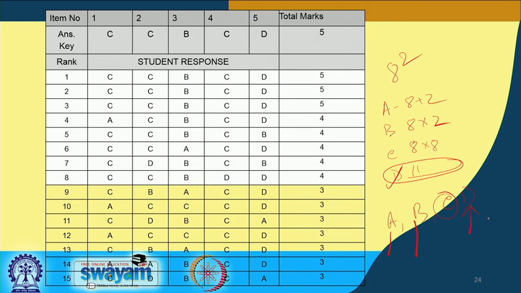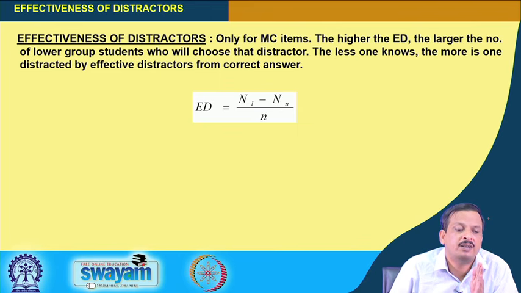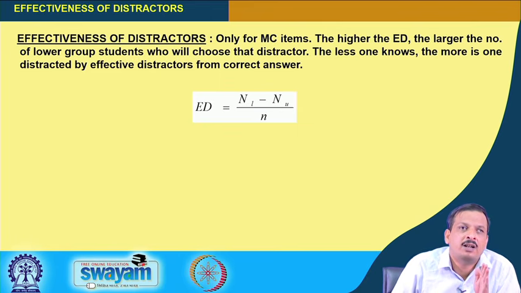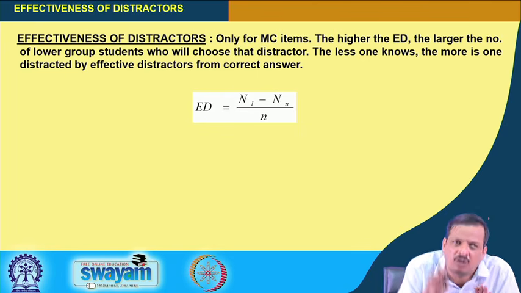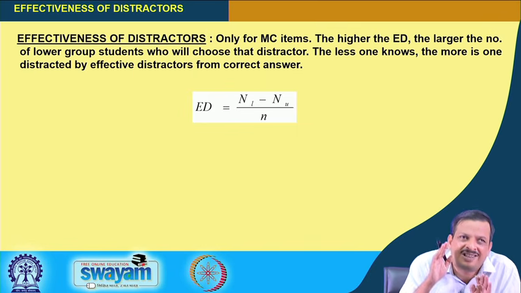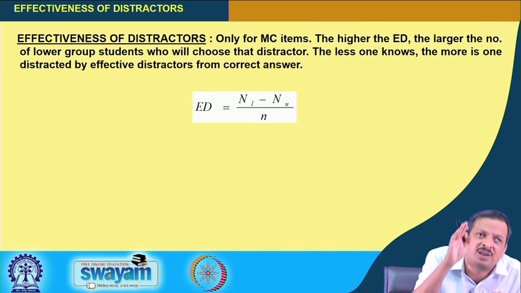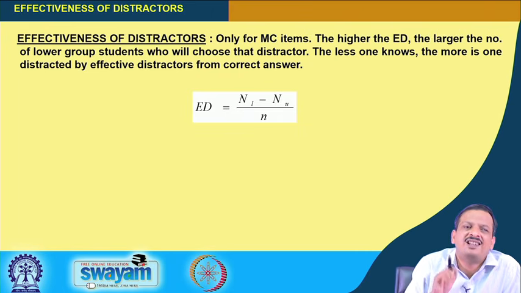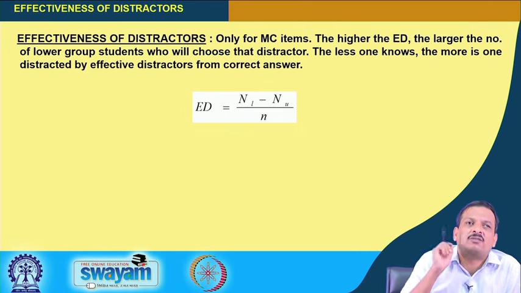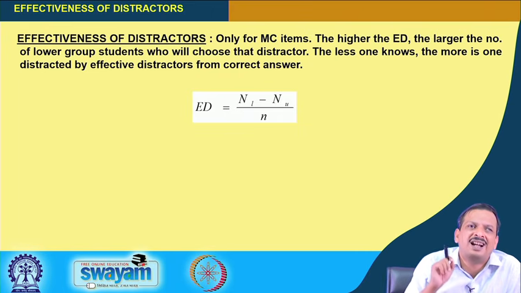They are called distractors. Distractors distract the students. If a student has a misconception, he will be distracted to choose option A, B or D. So, A, B and D are called possible distractors.